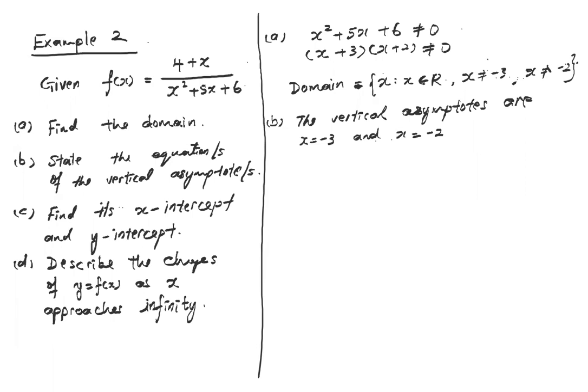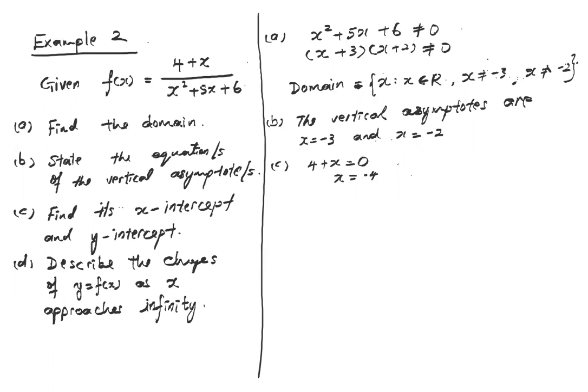And part C, find the x-intercept: whatever is on the top equal to 0, correct? So x equal to -4.